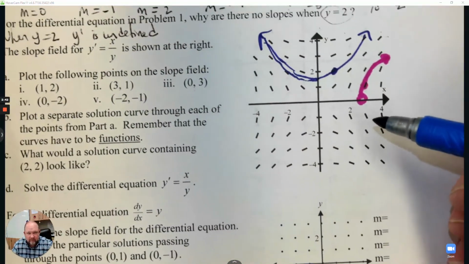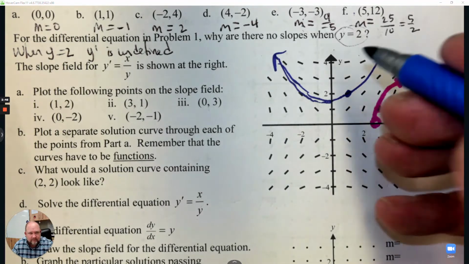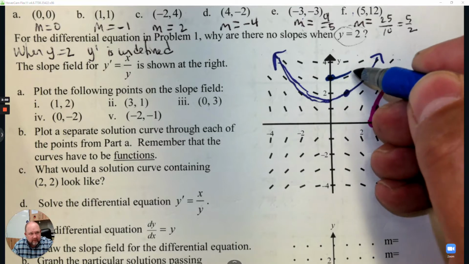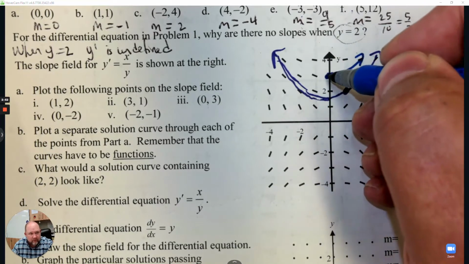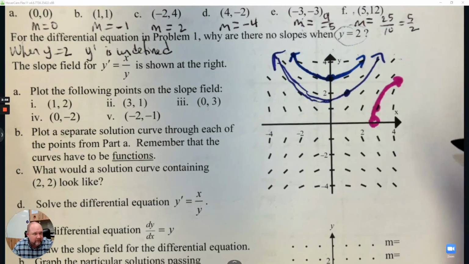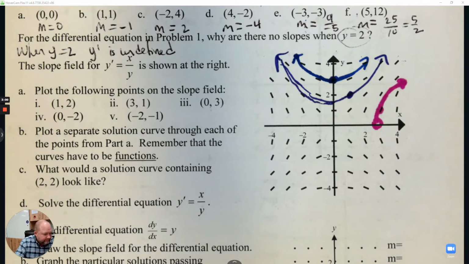I'll just continue it on here. Where am I at? 0, 3. That's the turning point. So it's good to know where the horizontal tangent is, because that's where it turns. So that's a turning point right there. 0, -2.